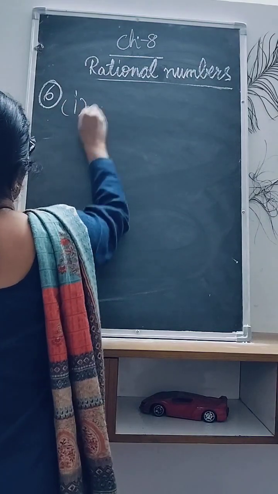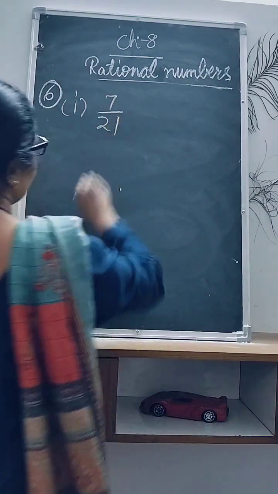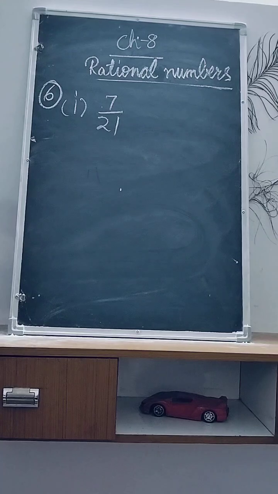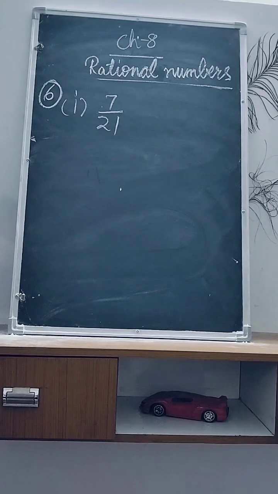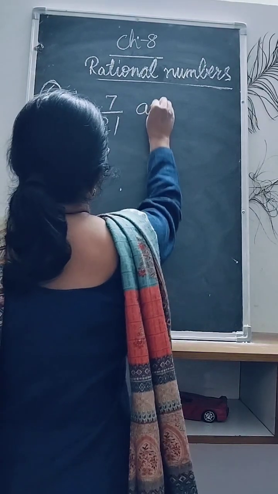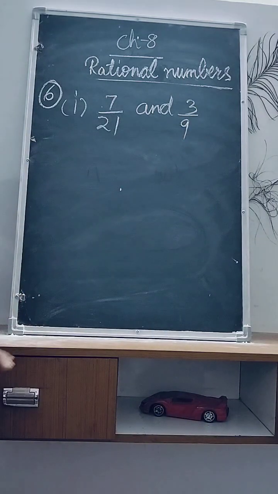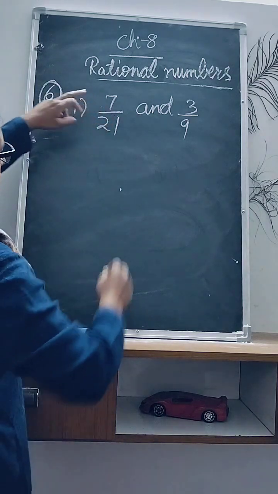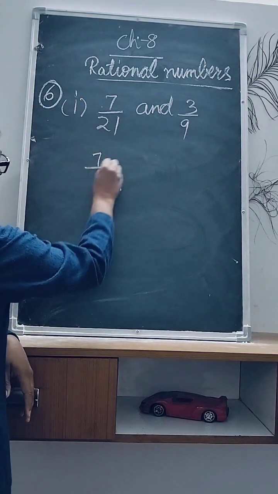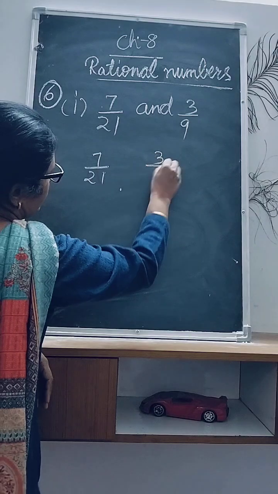First part, 7 by 21 and 3 by 9. 7 by 21 and 3 by 9. Now students, how can we solve this? If you see, you can write this first again.